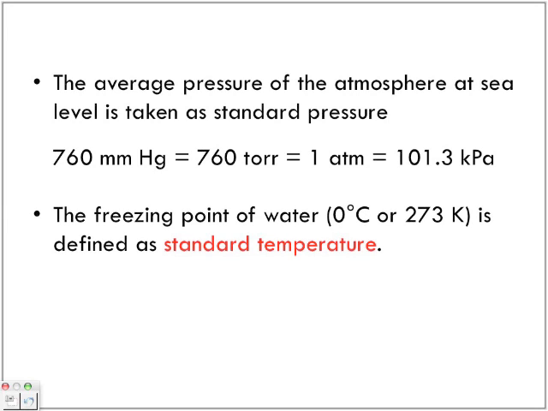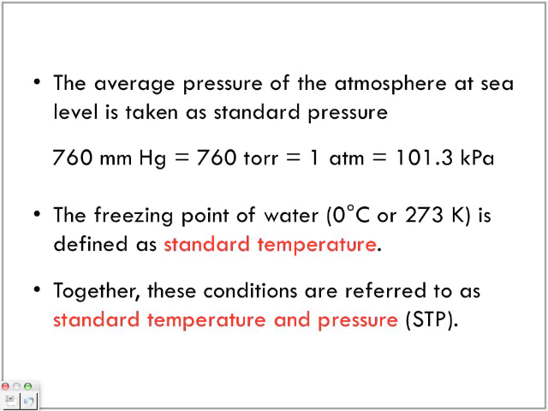The freezing point of water, which is 0 degrees Celsius, and we were introduced to the Kelvin scale, is 273 Kelvin. Okay, and it's defined as standard temperature at sea level. Together, these conditions are referred to as the standard temperature and pressure, and we refer to them as STP.